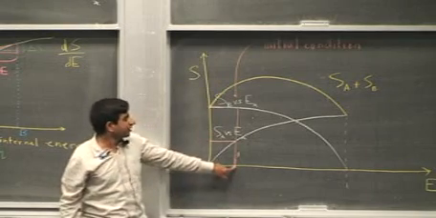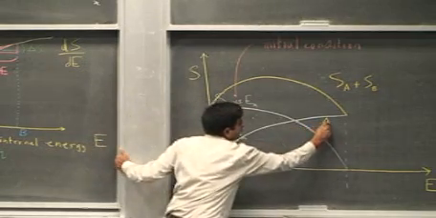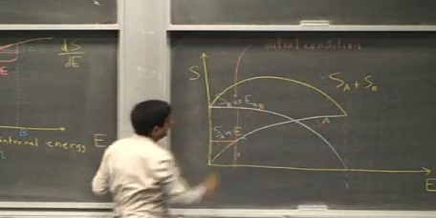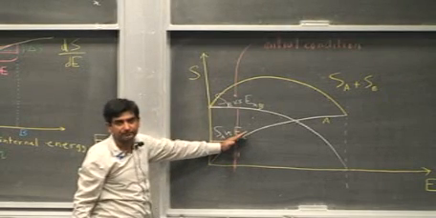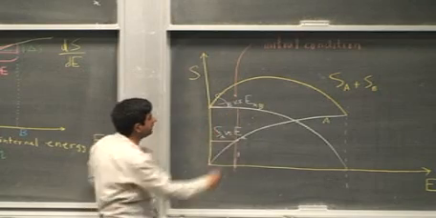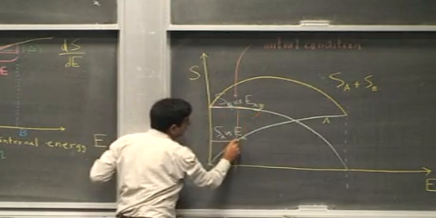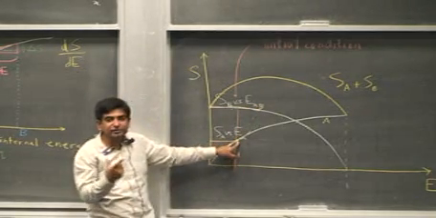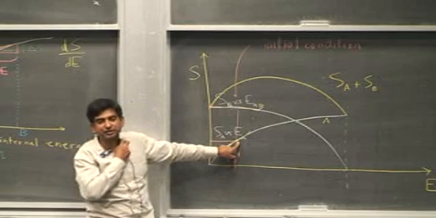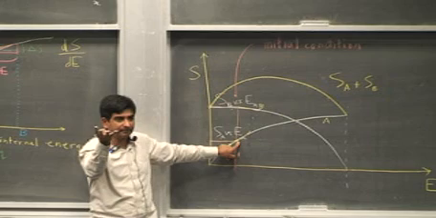Now this is the initial condition. This object A, this is the graph for A, this is the graph for B. This object A has a very high slope at this point. Object B has a small slope. This slope is small, this slope is large, which means that if this object absorbs energy, its entropy is going to increase.